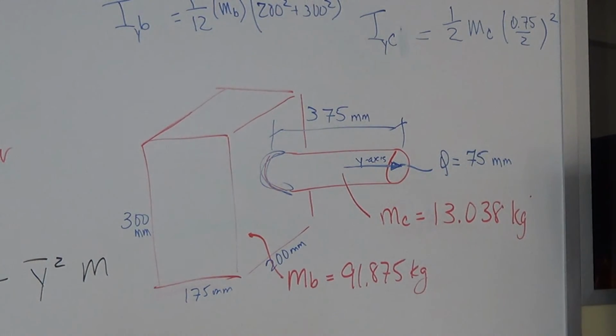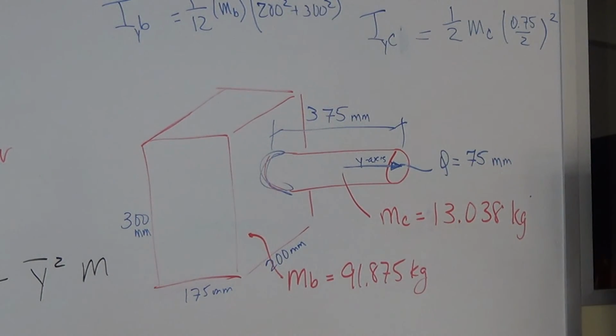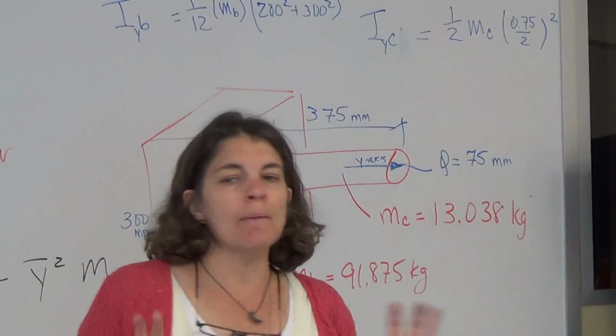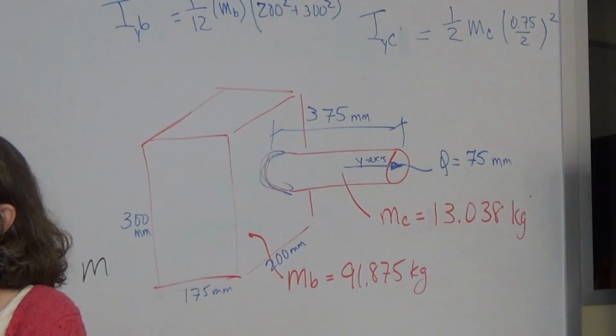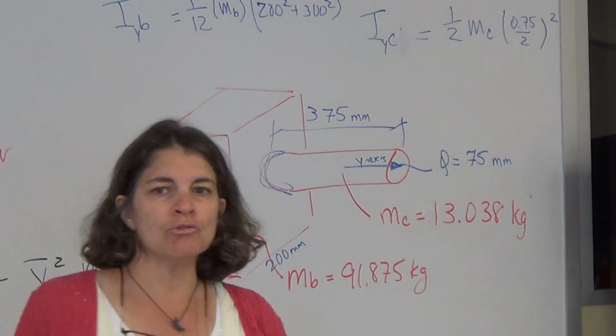Oh, I see, because they rotate their axes. That's right. So you can't use their x, y, and z axes. Think about when we went back all the way to the beginning of the semester. I said to you that you could put your axis wherever you want, because I'm going to look at your free body diagram and see where you put your axes, and then all your numbers are going to be based on that. And that's true always.